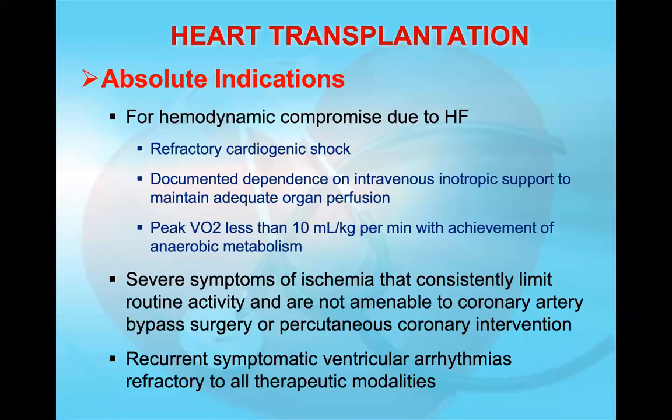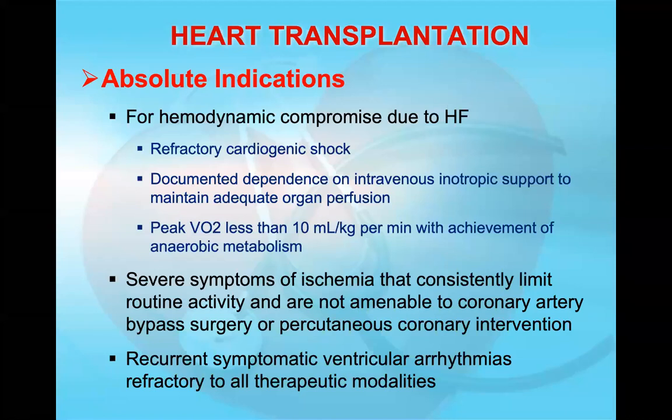The patient will not survive, so we really need to transplant him. Of course, all sorts of classification, grade 4 New York Heart Association, dyspnea, orthopnea, PND, ascites, edema, pulmonary edema, and lower limb edema, all that is an absolute indication for the patient.